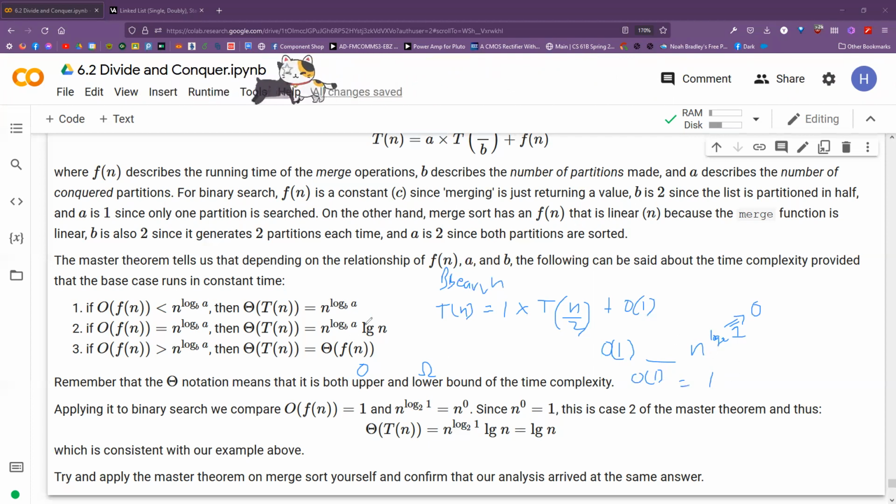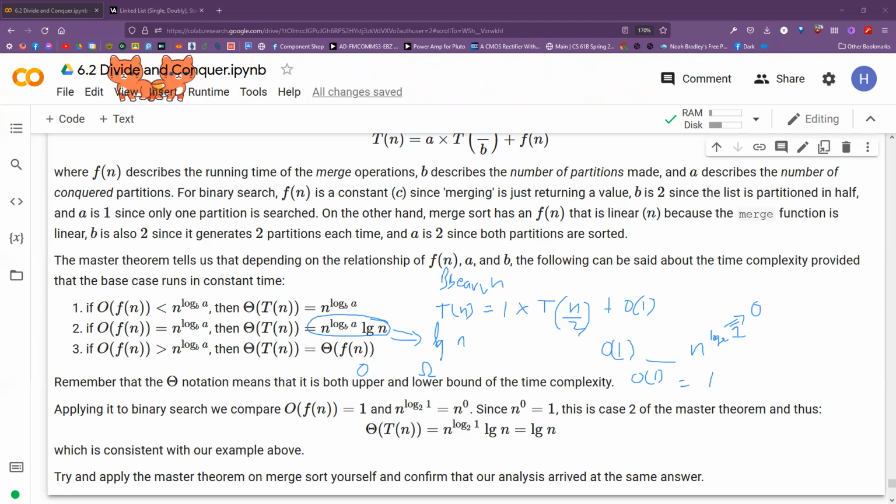Therefore, yung ating complexity is n to the log b of a times log n. So n to the log b of a is 1. So the time complexity natin is log of n, which is consistent with what we arrived with kanina.